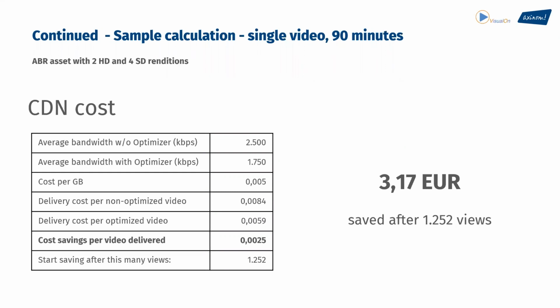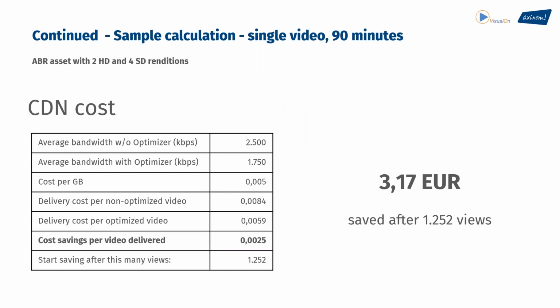So the delivery cost per non-optimized video we have calculated here, and then we have calculated the delivery cost per optimized video, which is obviously cheaper because it's less data to be sent. And then we have calculated a cost savings per video delivered.